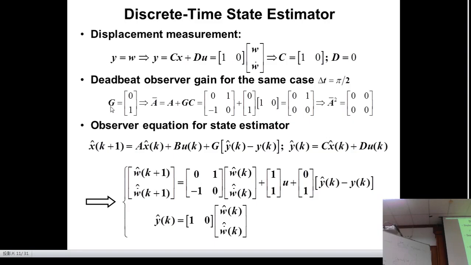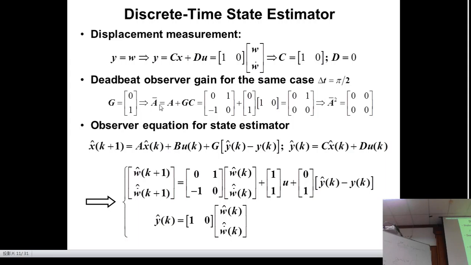So observer gain and feedback gain, they are dual. In other words, the same technique used for control gain computation is most likely also available to compute your observer gain.